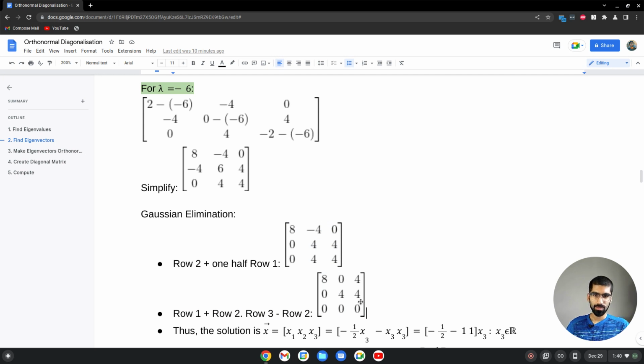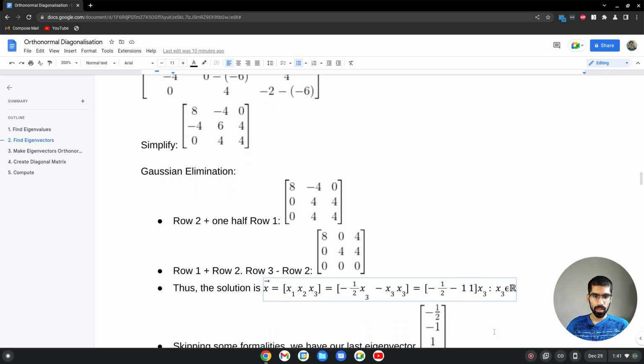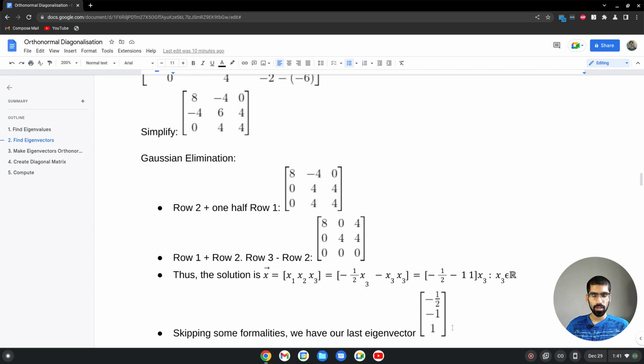As is the trend so far, though it doesn't have to be this way, we have a free variable in the third column. So we take our solution, define x1 and x2 in terms of x3, factor out the x3, and we have our last eigenvector.